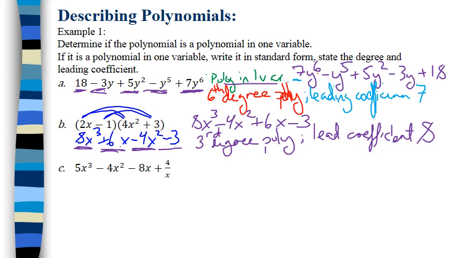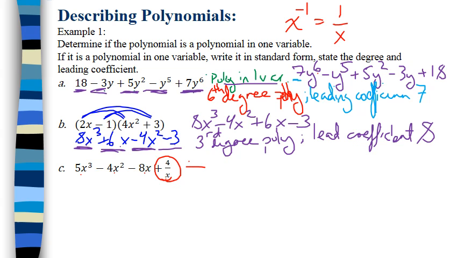Okay, in this example, everything looks like a polynomial in one variable, but then we notice that this is 4 over x. And if you remember, in class, we talked about the fact that 1 over x is x to the negative 1.